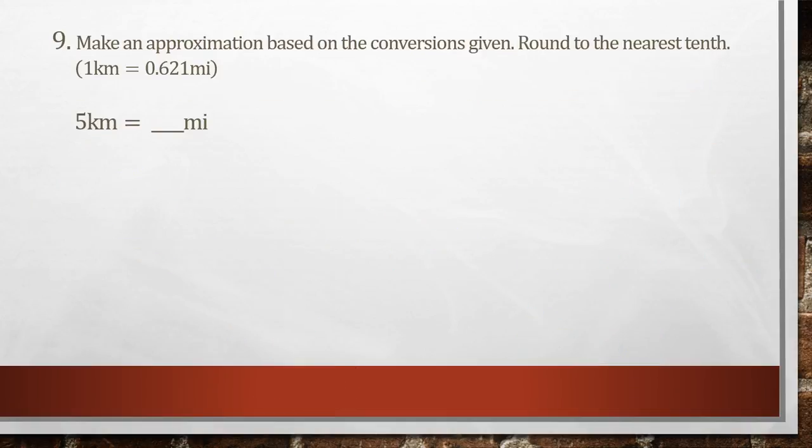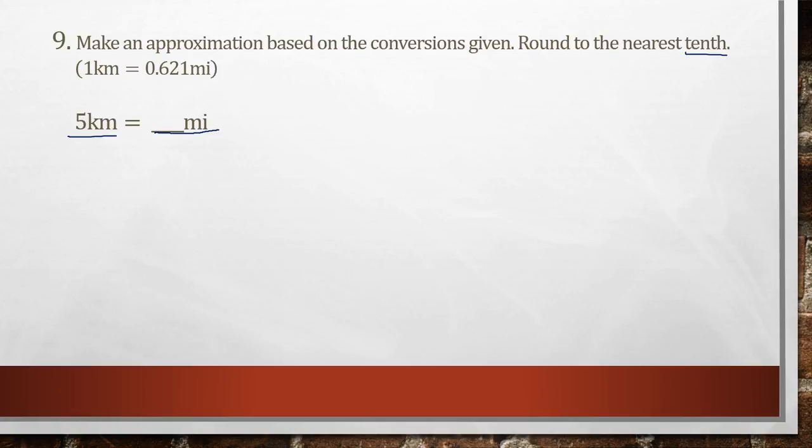Make an approximation based on the conversions given and round to the nearest tens. I'm just going to underline this to remind myself at the end to round. We are given that 1 kilometer is 0.621 miles, and we need to convert kilometers to miles. We can also use proportions for this problem.